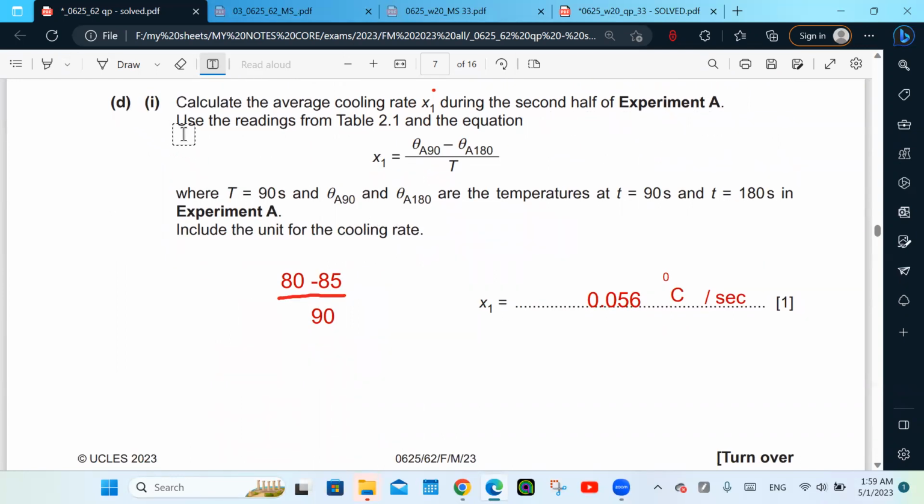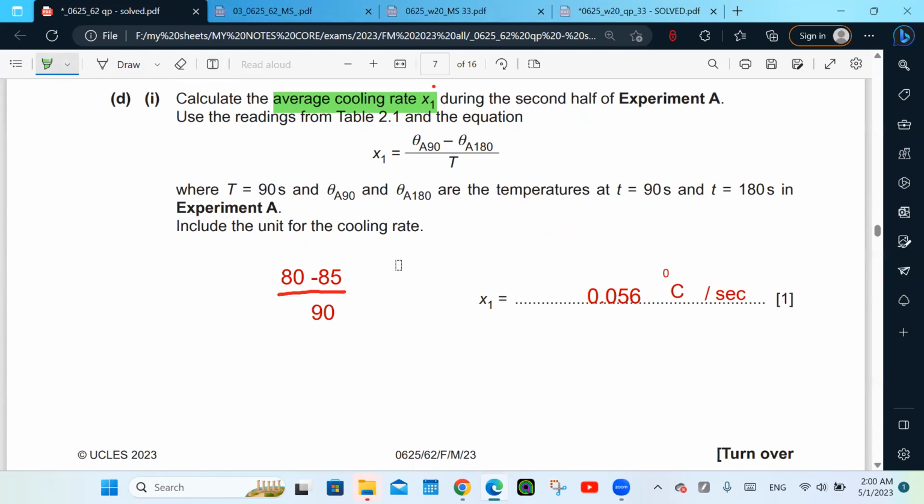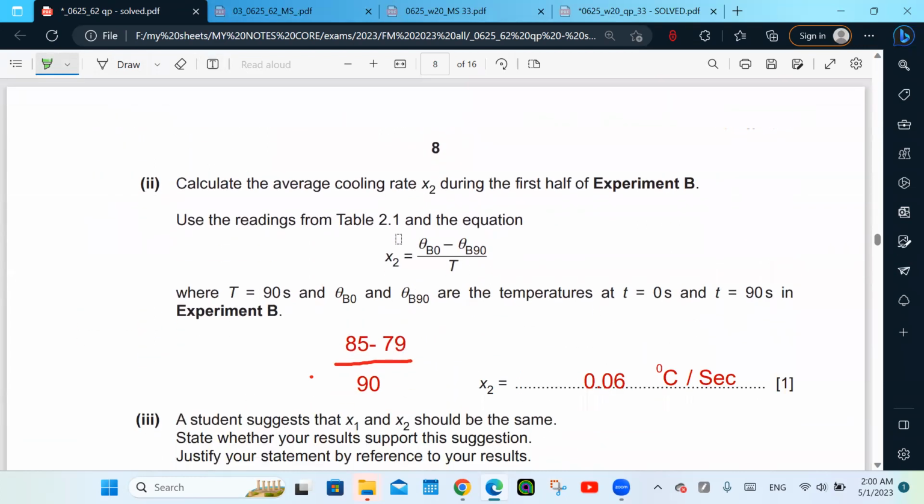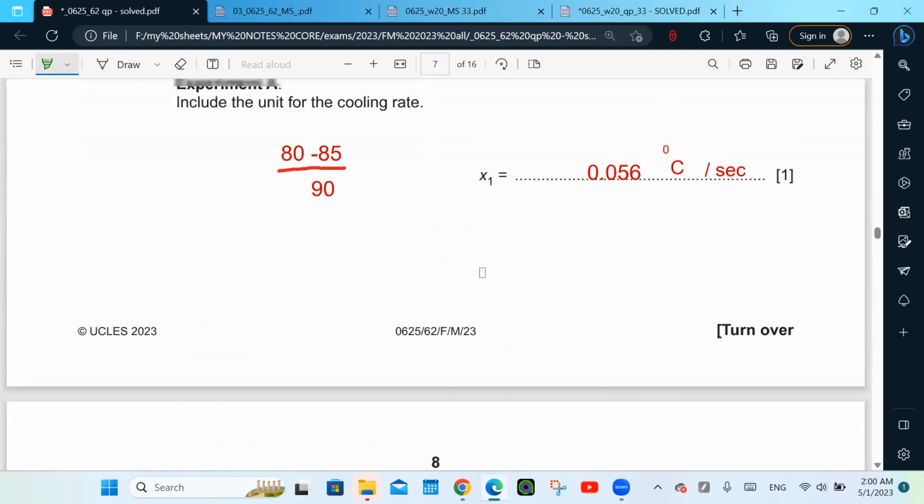Question number D: calculate the average cooling rate. Here we need to calculate the average cooling rate, and he named this average cooling rate X1. In the second part of the question, he needs to calculate the average cooling rate again, and he named this quantity X2.